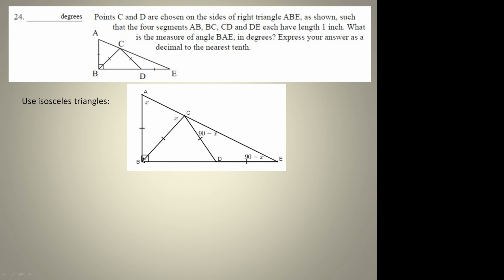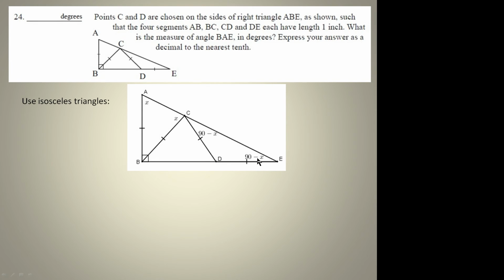Because this angle is 90 degrees, and the sum of the three angles in any triangle is 180 degrees, if this is 90 degrees, that means this angle and this angle have a total of 90. So if this is x, this one will be 90 minus x. We should remember that: the sum of the three angles in any triangle is 180 degrees, or in a right triangle, the sum of the two acute angles is 90 degrees. So here's x, and this one will be 90 minus x.